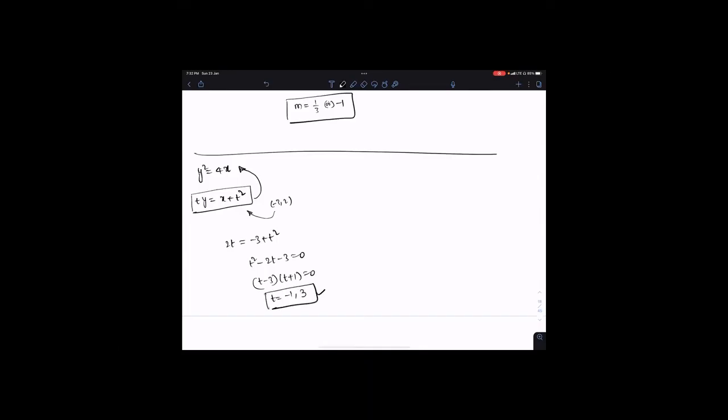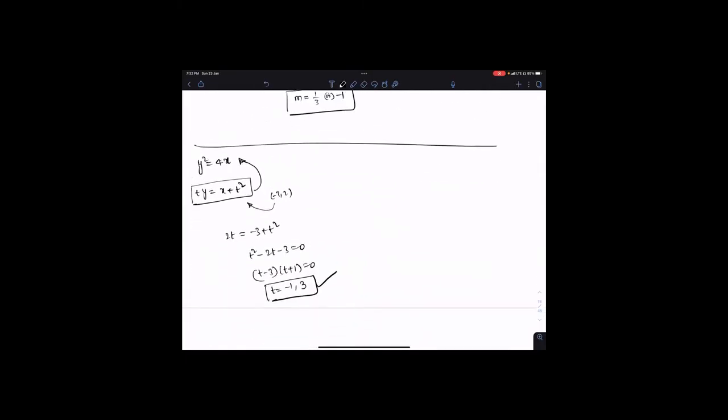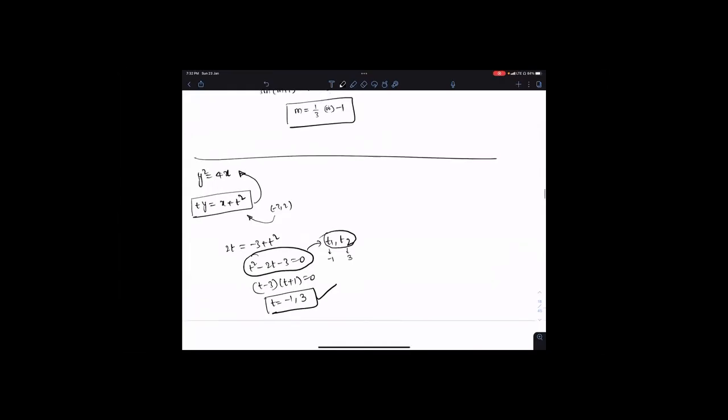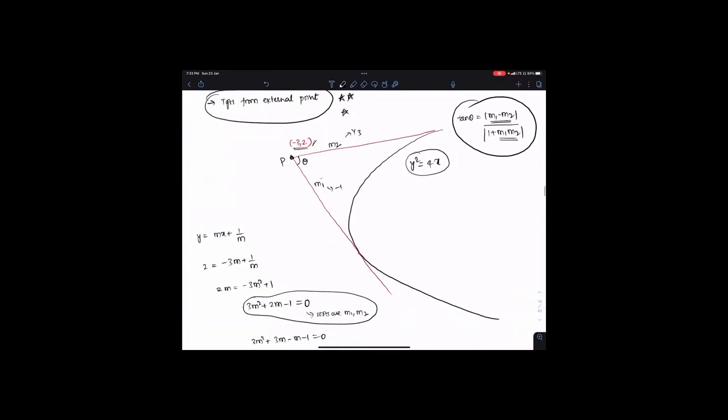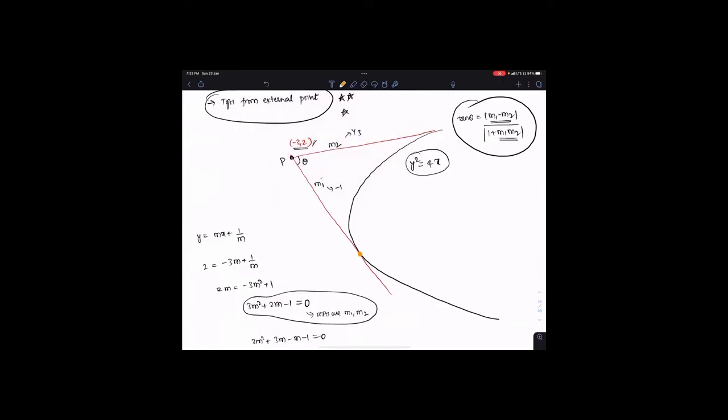You are getting some t values. That means in this equation you are getting two roots. Let's say the roots are t1 and t2. Here t1 is -1, t2 is 3. But in general, the roots will be t1, t2, and these are nothing but parameters for the points where these tangents are touching the parabola.